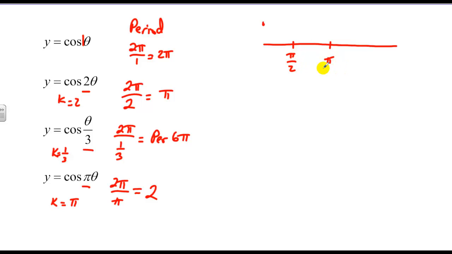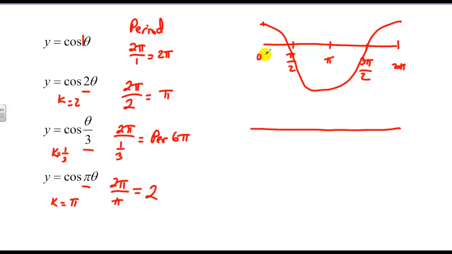So we had it at pi over 2, pi, 3 pi over 2, and 2 pi. And the graph looks something like this, rough sketch.